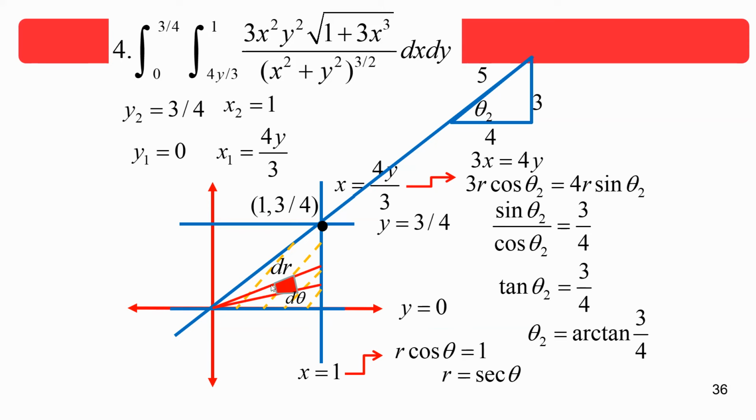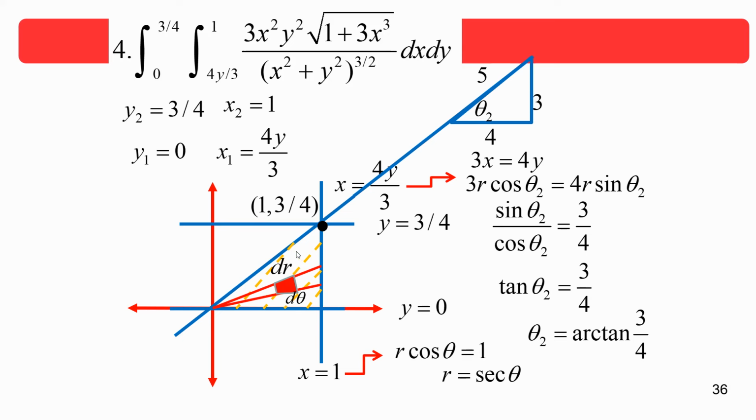What are the new limits? The new limits would be from this portion up to x equals 1, right? That's basically what I have solved earlier. From this portion up to x equals 1, when x equals 1, r cosine theta becomes equal to 1, so r is secant theta.